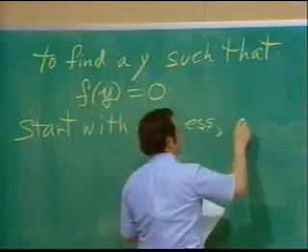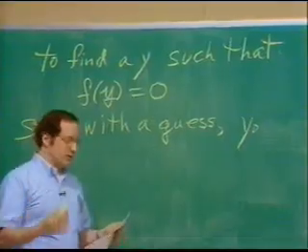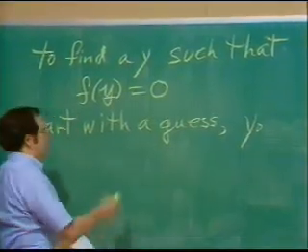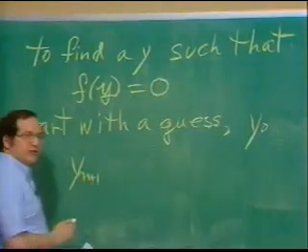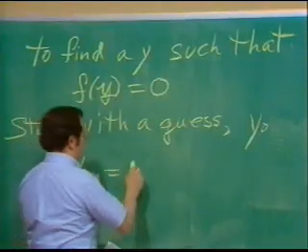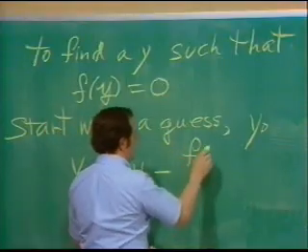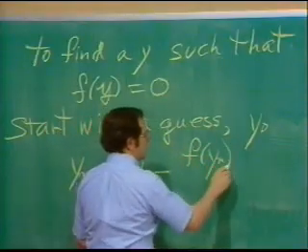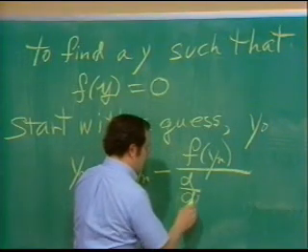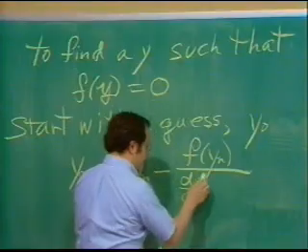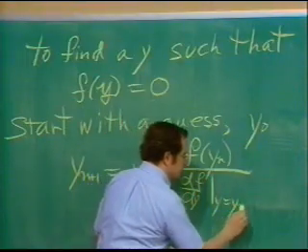The guess we start with we'll call y0. And then we will iterate the following expression: y n plus 1, this is sort of a difference equation, is y n minus f of y n over the derivative with respect to y of f evaluated at y equals y n.